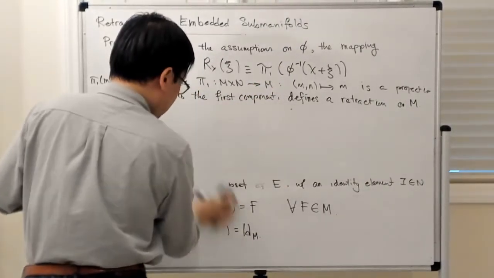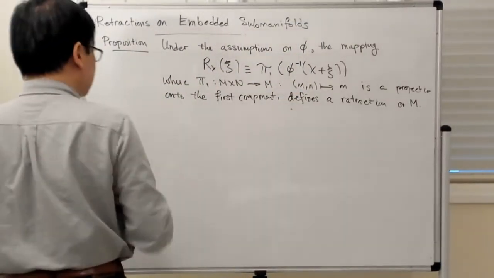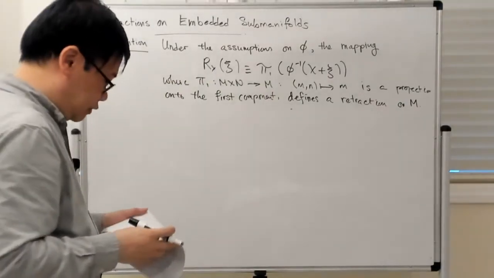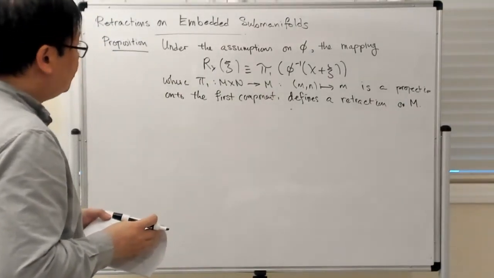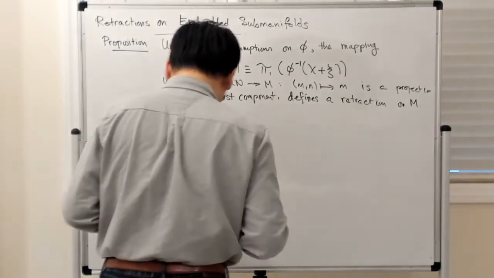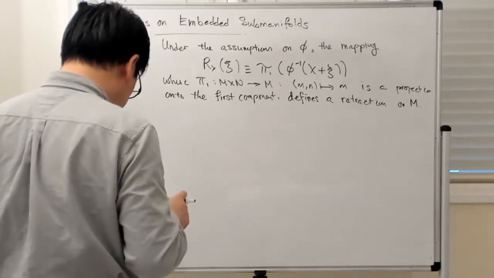Yeah, so in order to prove this, one basically has to show that this map I've defined here satisfies the two properties of a retraction. And in particular, the harder property to show is the local rigidity property. Okay.